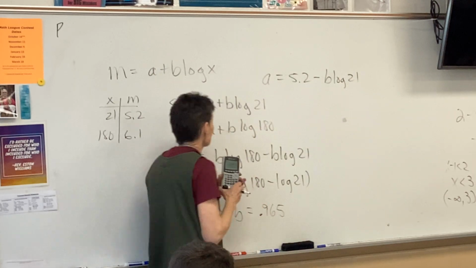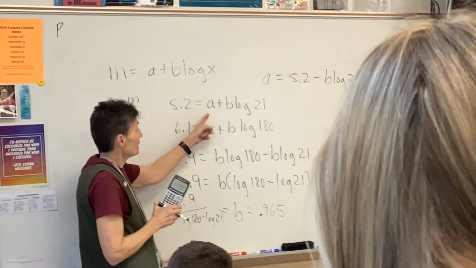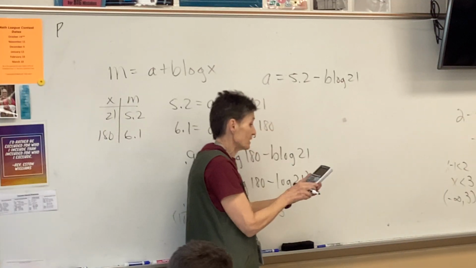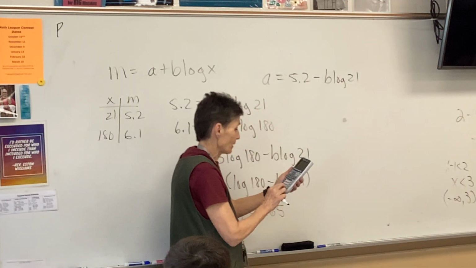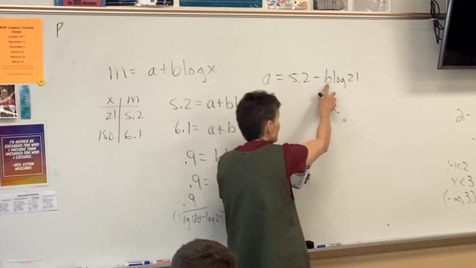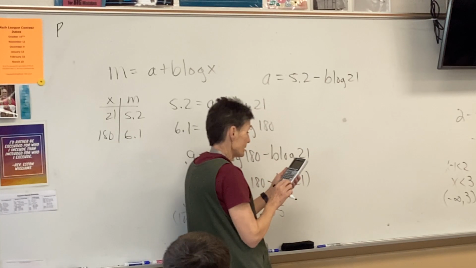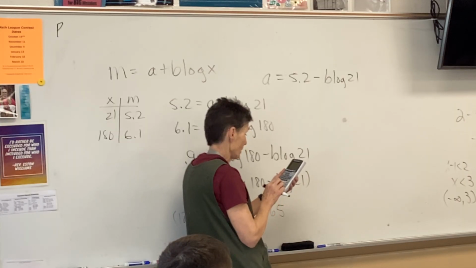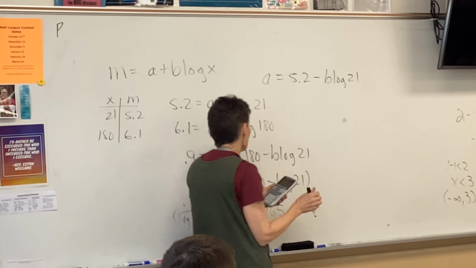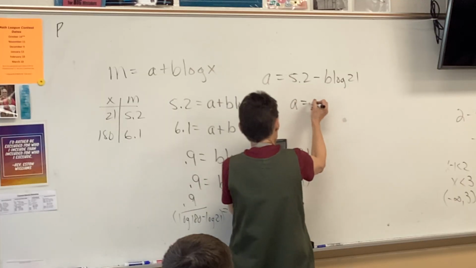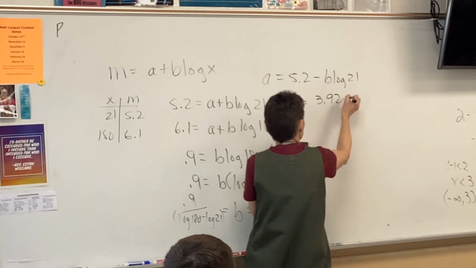Would you agree with that, Celeste? That's what A equals. So I'm just going to take 5.2 minus this answer, which is still in my calculator, so answer times log 21. And for A, I got 3.925.